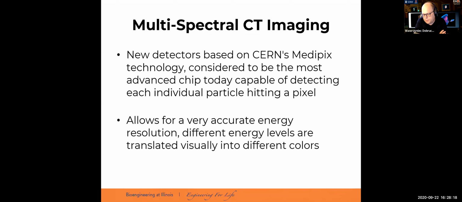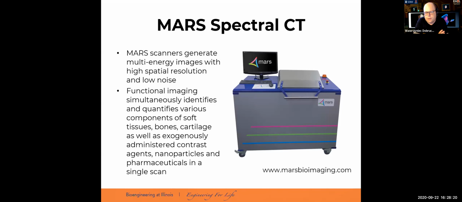And one of the companies, Mars Spectral or Mars Bioimaging, I think located in New Zealand or Australia, produced a prototype system which uses those types of detectors, called Mars Spectral CT.